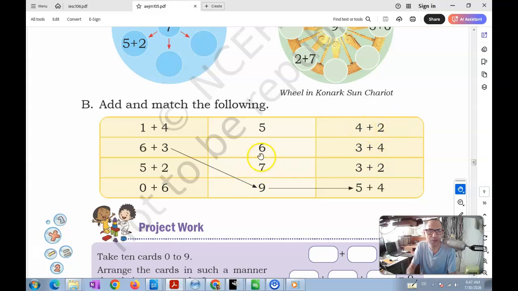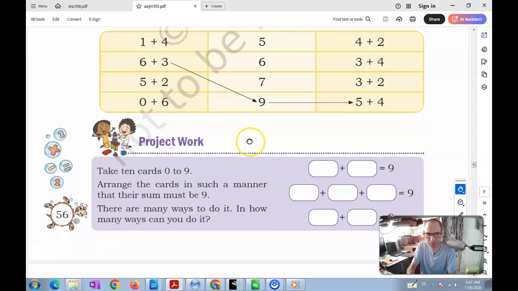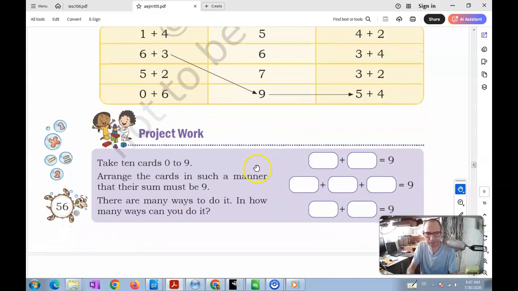For a 7, we have two different possible choices here: 5 and 2, and 3 and 4. And for a 9, you would have a 6 and a 3, and a 5 and a 4, for example. So essentially, that's that.